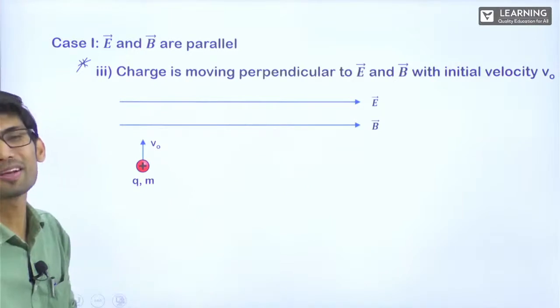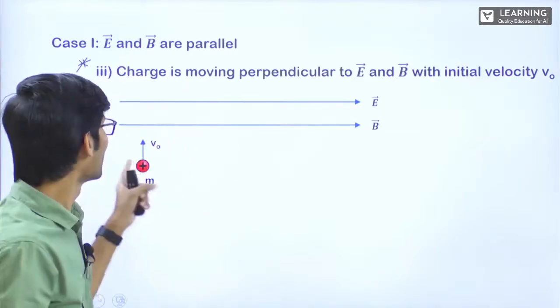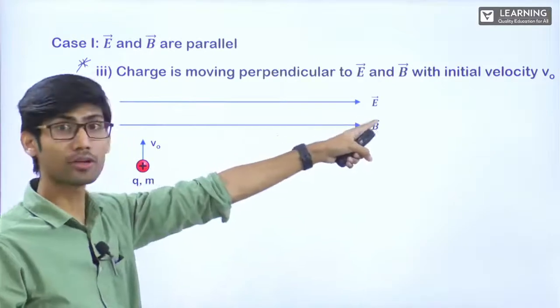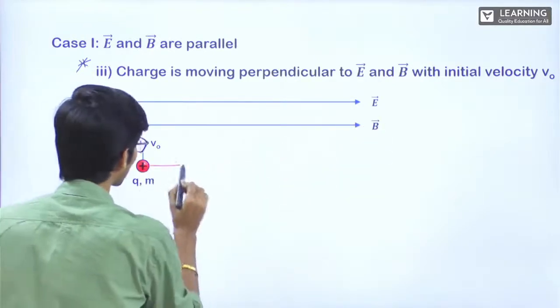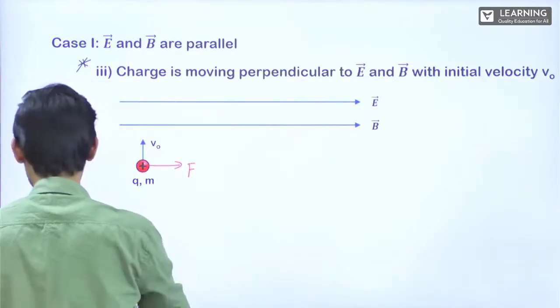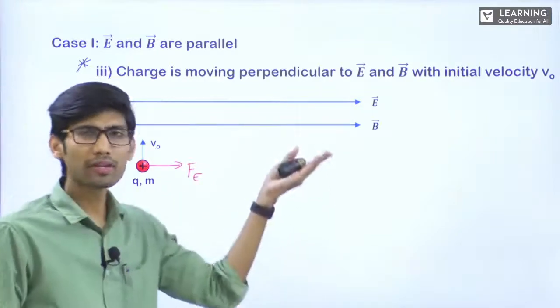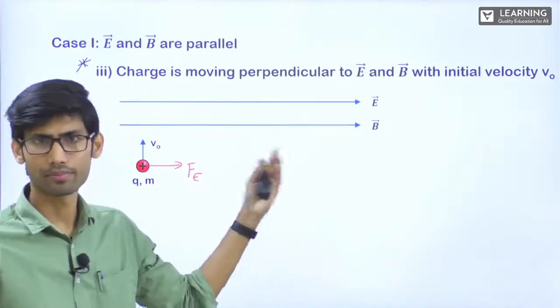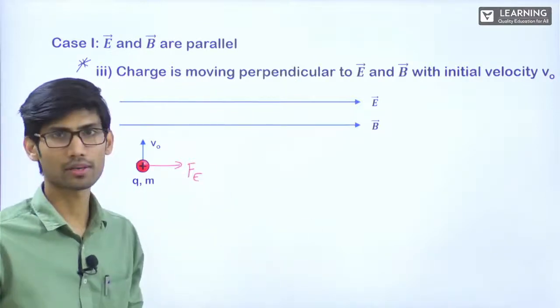When the particle is perpendicular to magnetic field, it does circular motion, right? And because of this electric field, electric force will be in this direction, continuous. Magnetic force will keep changing the direction, but electric force will be in the same direction.